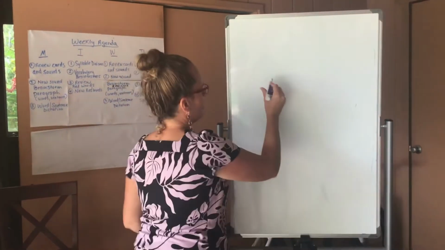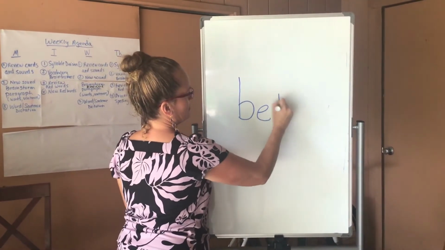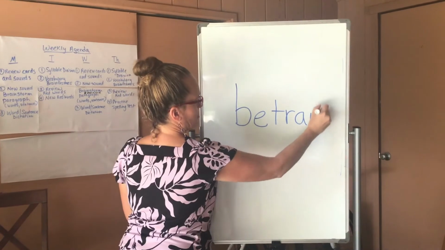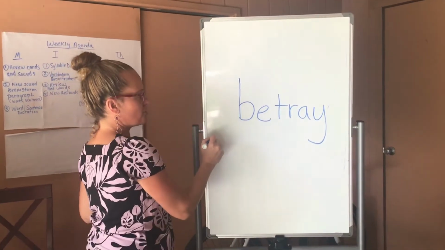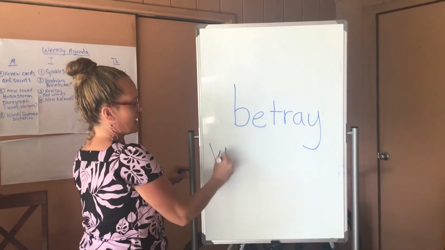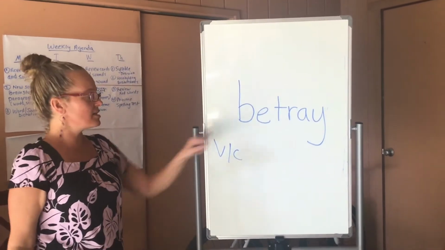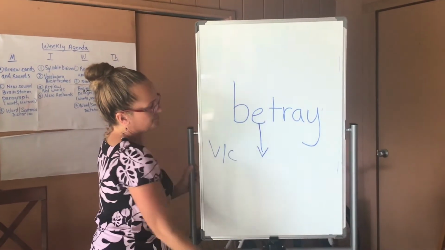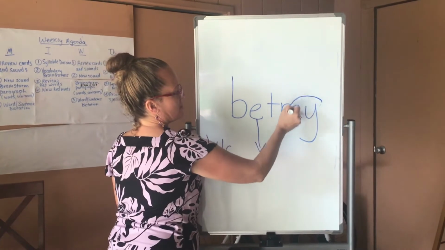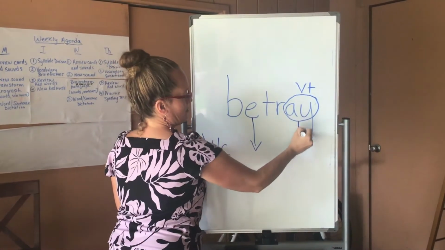Here we go. Okay. This one is going to be like the first two that we did. It's going to be a vowel / consonant where we're going to divide it. The first vowel is the E. I can draw my V. And then I have to circle this vowel team.